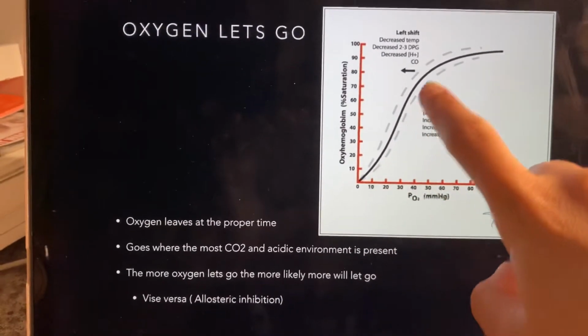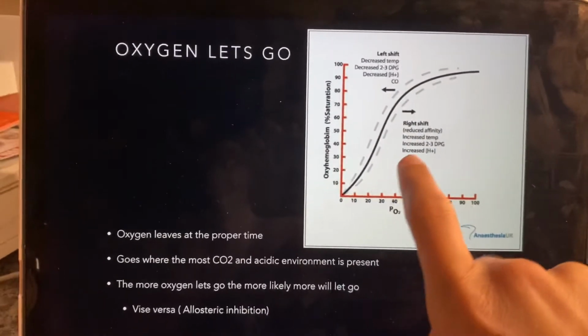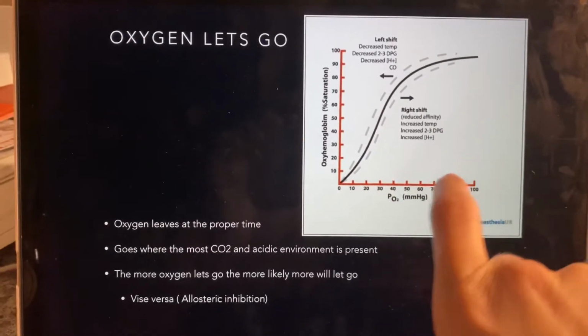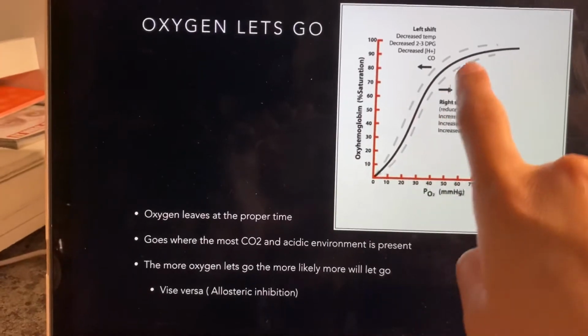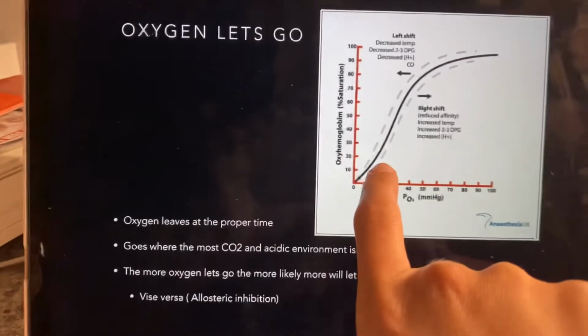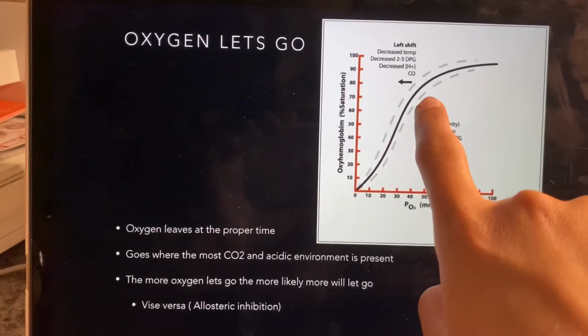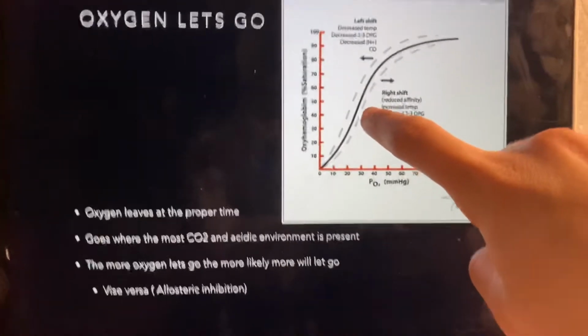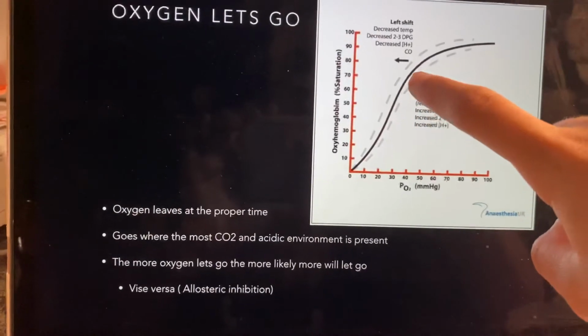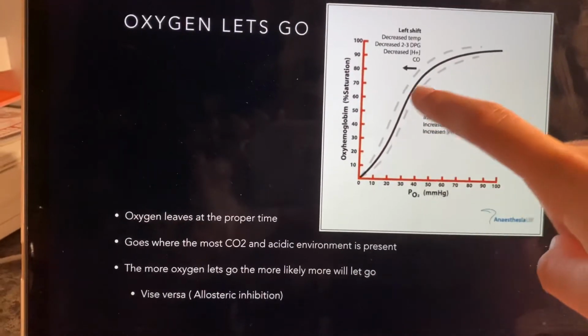this chart really helps to describe that. With the right shift, that means more oxygen is binding. As this occurs, the oxygen can continue to bind, and the more oxygen binds to those hemoglobin molecules, the faster it happens.